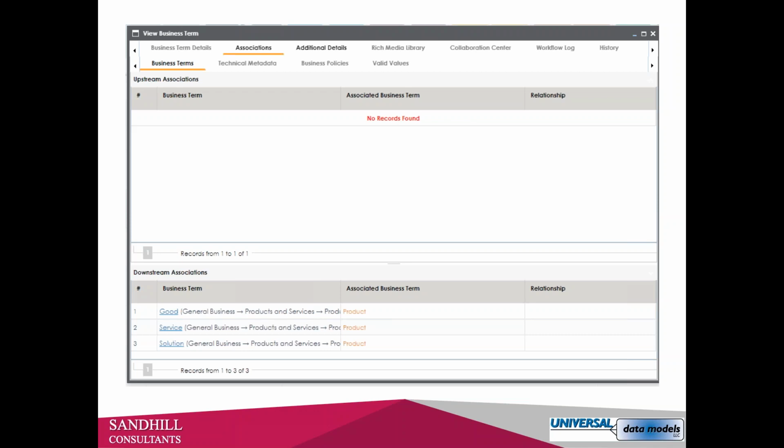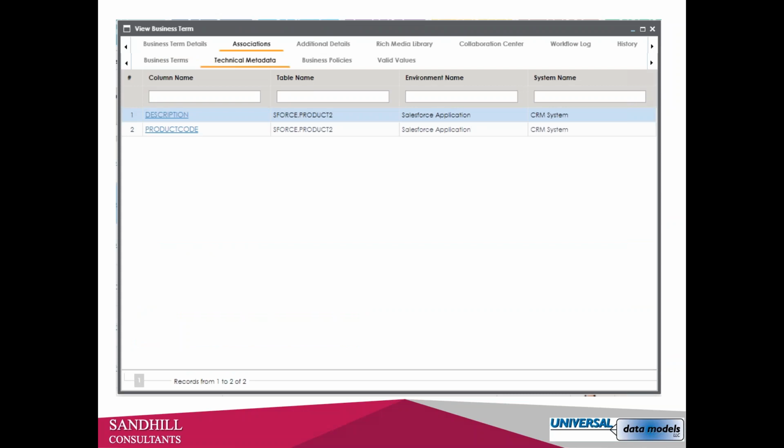Now, what about the data dictionary side of things? Well, we also want to know where can I find a reference to a product in the different systems that we have out here. So if we look at this screen, this is the association with the technical metadata.